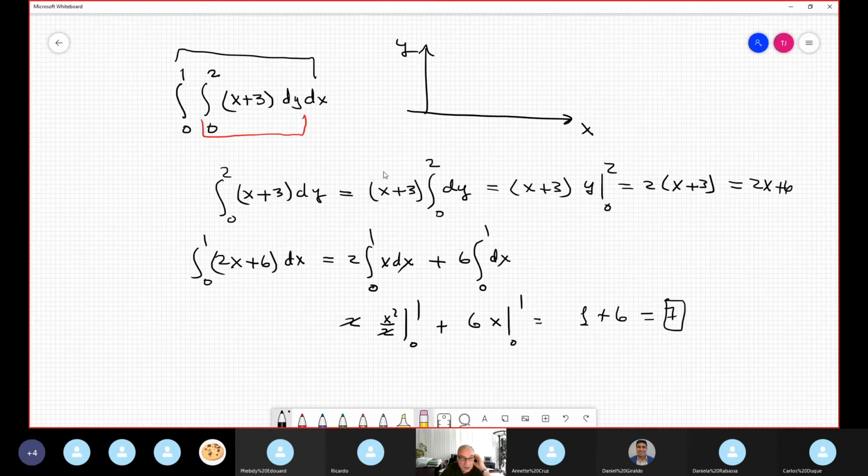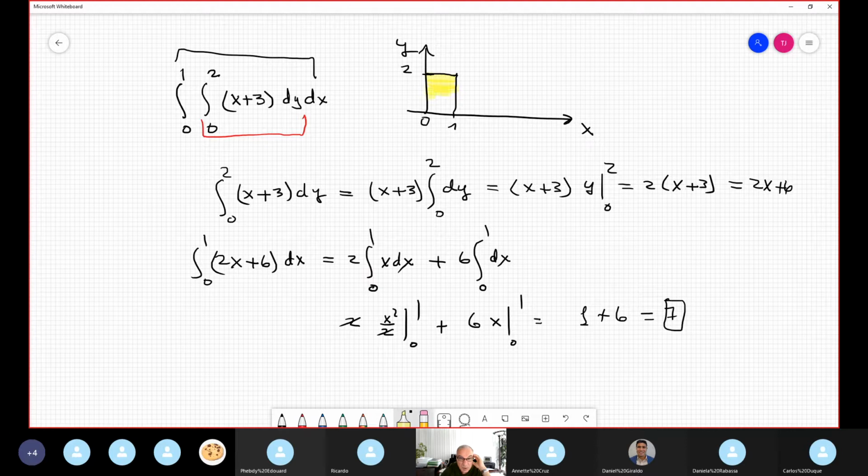Look, y varies from 0 to 2, and x varies from 0 to 1. This is my region. Let me highlight.